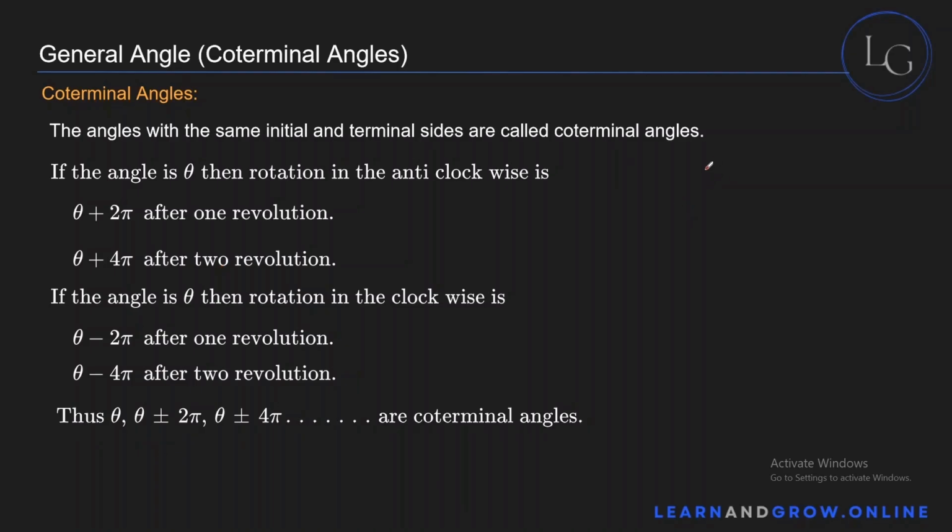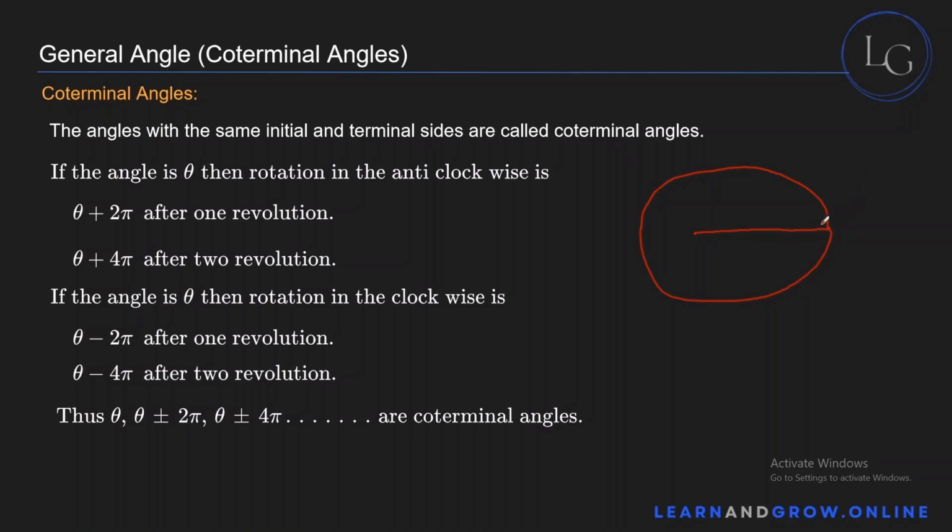So just to explain what this really means: if you have this line as the initial side and the terminal side, so basically it's just two lines overlapping, then the angle between them is basically theta. But if you rotate this entire line in a circle, sorry for the drawing, but you get the point.